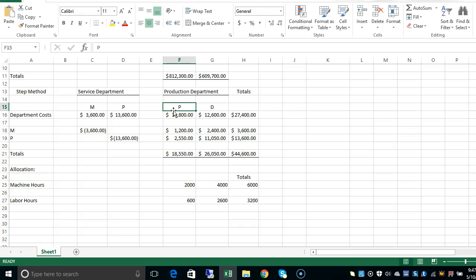Production department P uses 2,000 machine hours and D uses 4,000, for a total of 6,000. Labor hours for production department P are 600 and for production department D are 2,600, for 3,200.